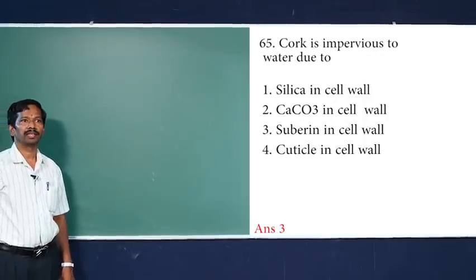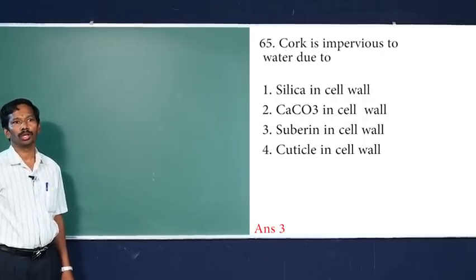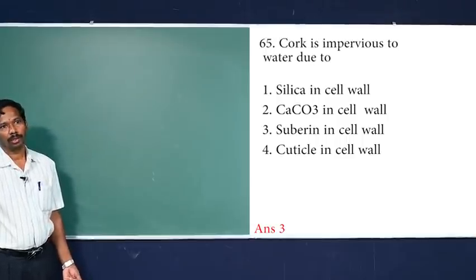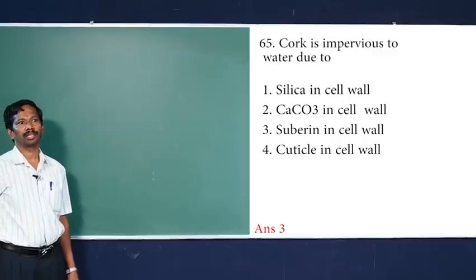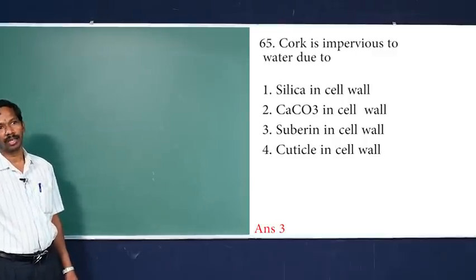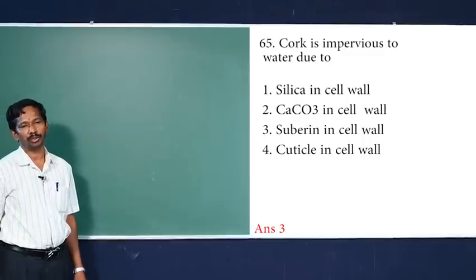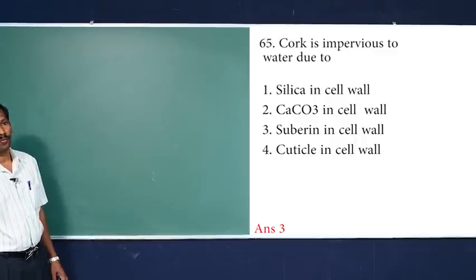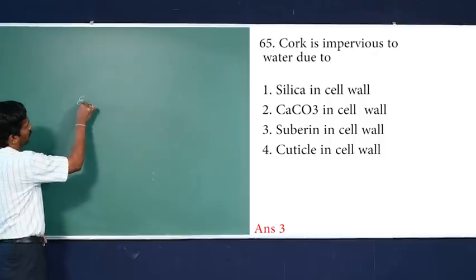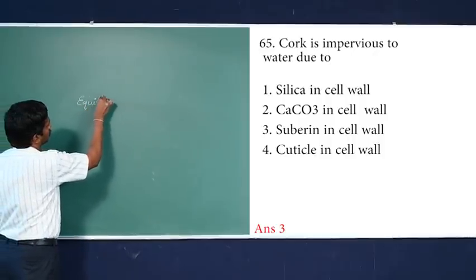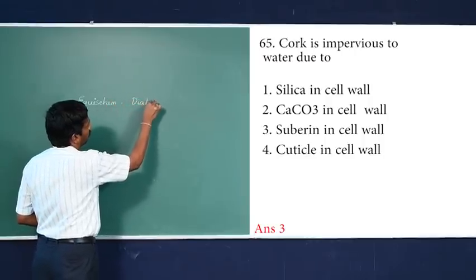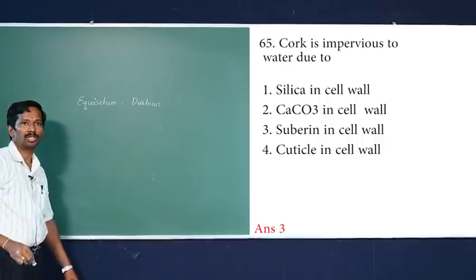65. Cork is impervious to water due to the presence of suberin content, because cork is an impermeable tissue and it is always made up of suberized cells, and because of that the cells are dead at maturity. So therefore option 3 for question number 65. And when you compare other options, silica deposition is often present in one of the pteridophytes called Equisetum, as well as in diatoms, forming silicified diatomaceous earth.